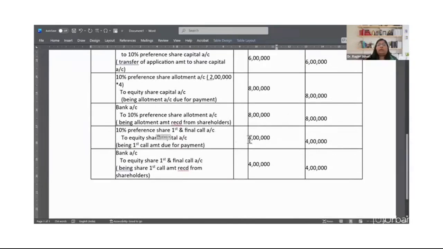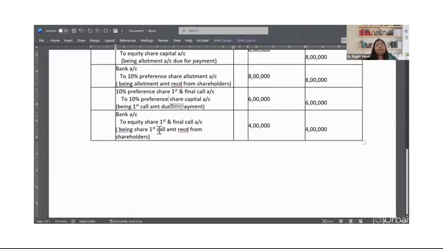So this is 2 lakh into 3, that is 6 lakhs. And then comes this receipt entry, that is bank account to 10% preference share first and final call account, again the same amount, that is 6.